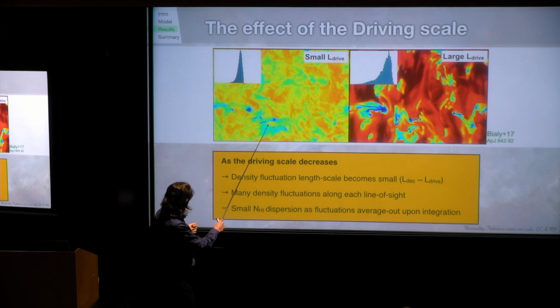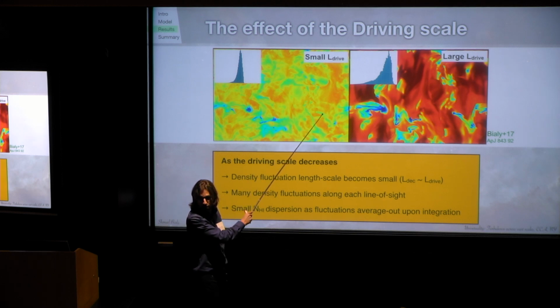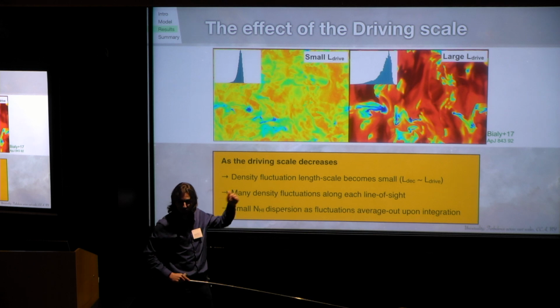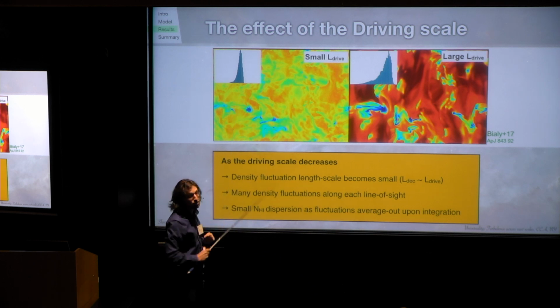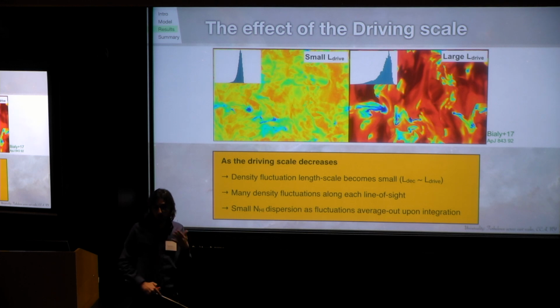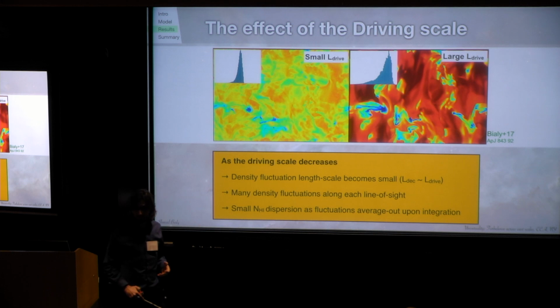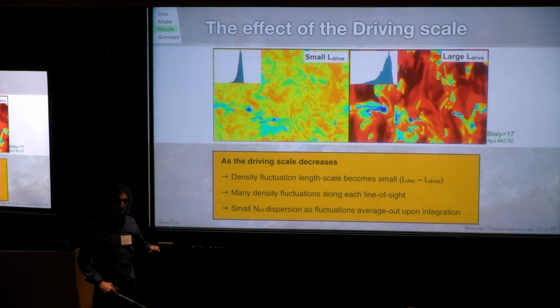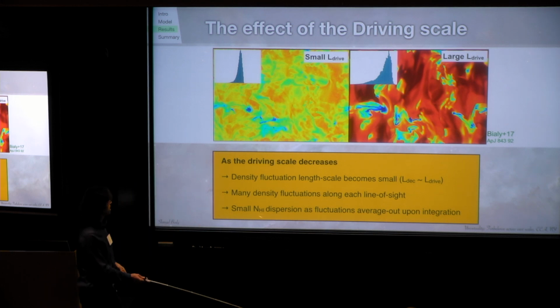For that reason, this H1 map becomes more uniform. The density fluctuations here are smaller just because they are averaged out as we integrate along the line of sight, and the PDF becomes narrow. So really, the PDF can be narrow or wide not just because of the Mach number, but also because of the scale of density fluctuations, the scale of turbulence driving.